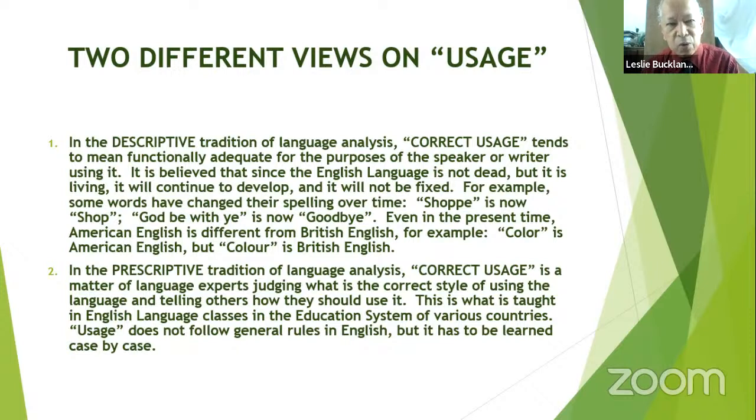So there is a school of thought that says you shouldn't say that this is the correct usage because people use words and phrases differently from group to group, even though they're speaking the same language. But what I've shared with you is in the prescriptive tradition from language experts that look at how a word or phrase is ordinarily used.